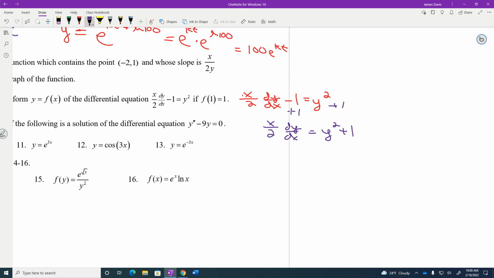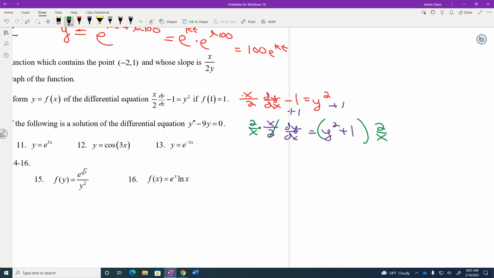The next thing we're going to do, really these other two steps are interchangeable, but you have to do that one first. x is over there, and we need to get the y's back over here. So let's divide this into a few steps. We'll do times 2 over x to get rid of this, and this will come times 2 over x in here. That whole thing has to be in parentheses.